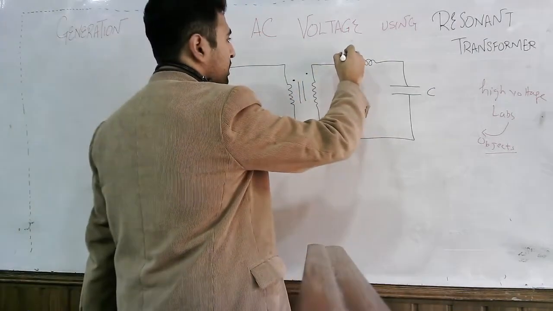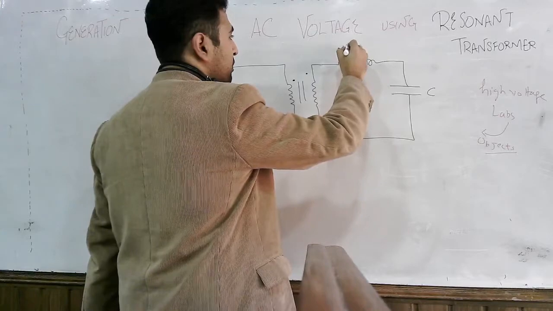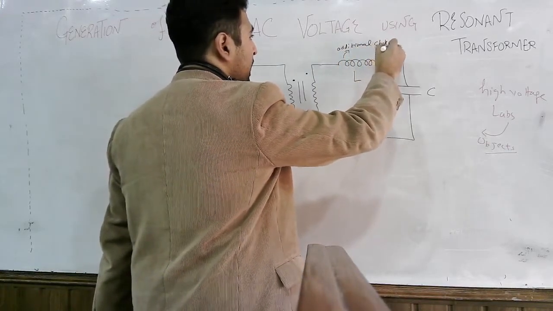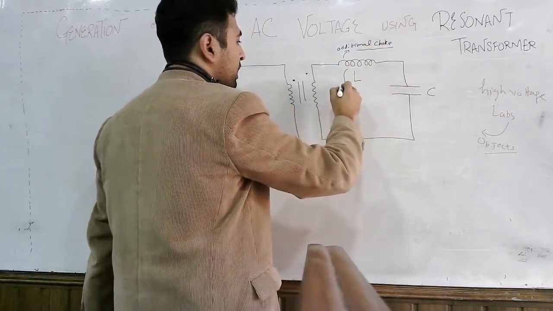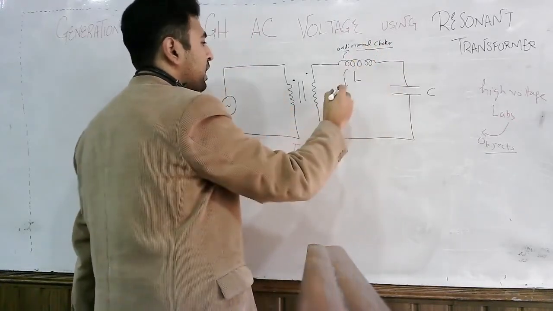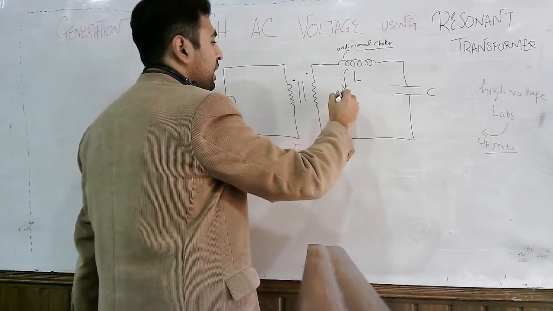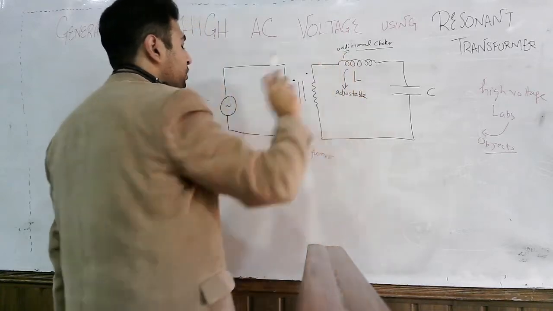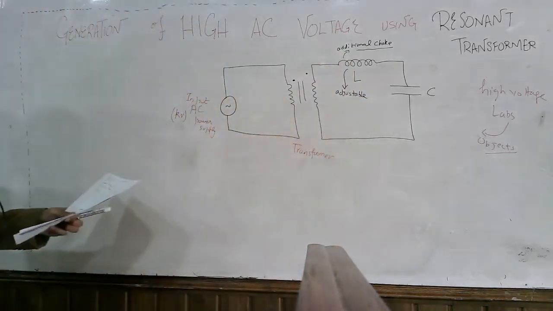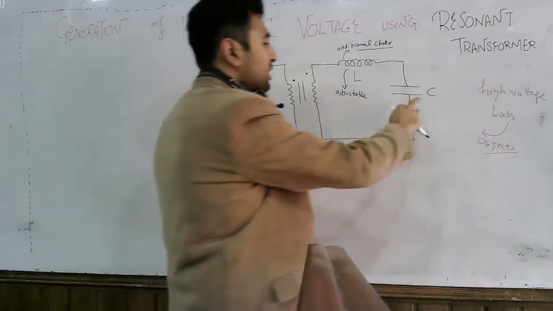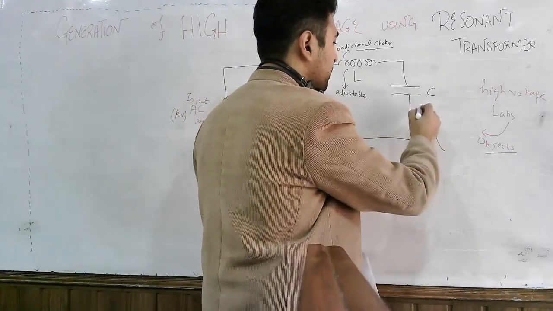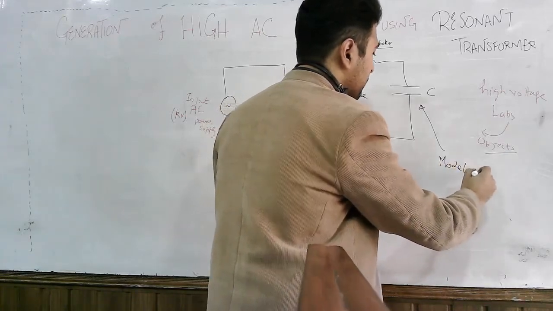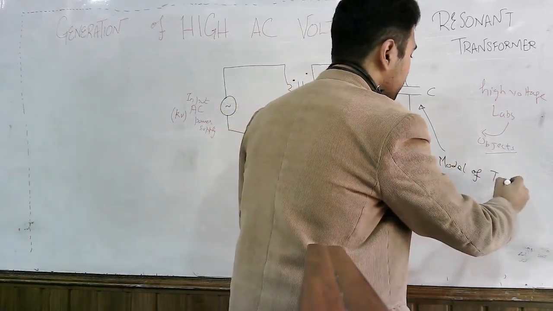This inductor is also known as the additional choke, and it is adjustable; we can adjust the value of its inductance. And what is the C? This is the capacitance, and this is actually the model of the test object.